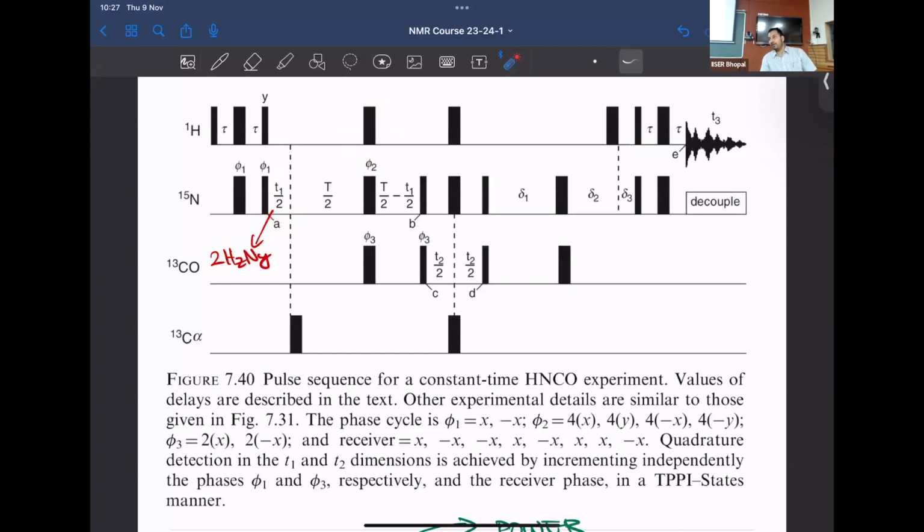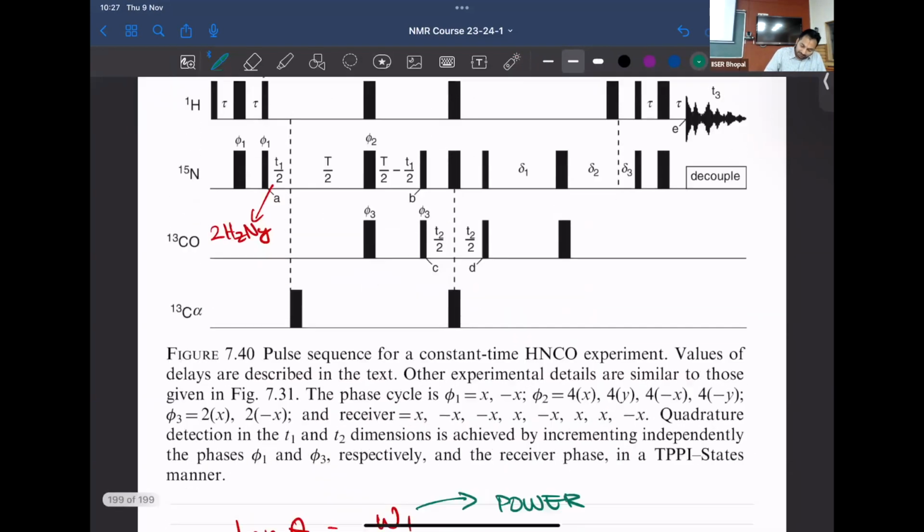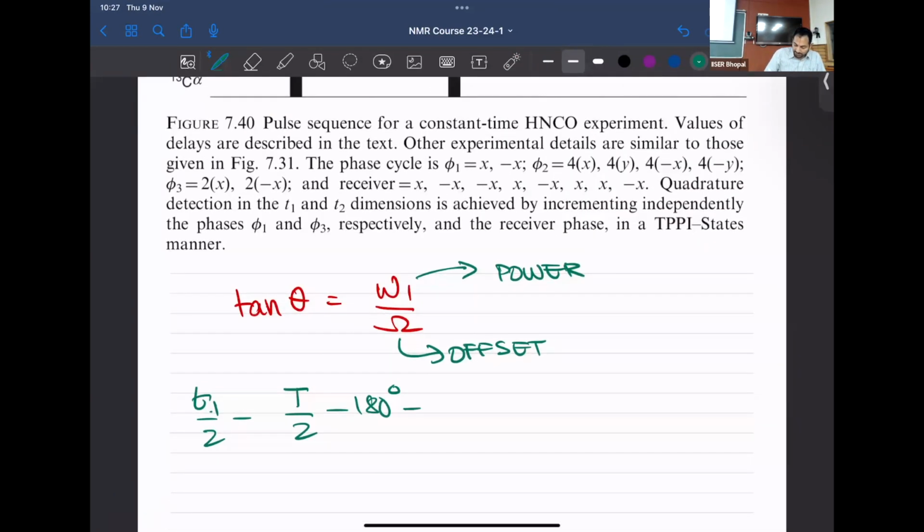My request to you guys is to go back and do the density matrix formalism starting from 2HZNY, and your active components in this period are, let me write it, active components during T1/2, T/2, 180, of course 180 on all the channels. Be careful about the phase, T/2 minus T1/2.